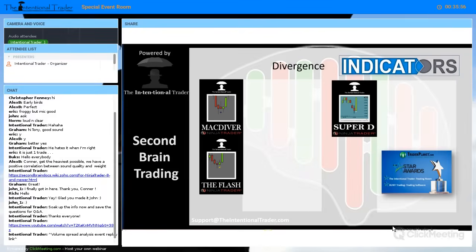We use divergence a lot. Divergence took everything that we've been doing and ramped it up for us. Really took it to the next level. So if you don't know what divergence is, it's when momentum and price are basically headed in different directions. Typically, momentum and price are going to move together.